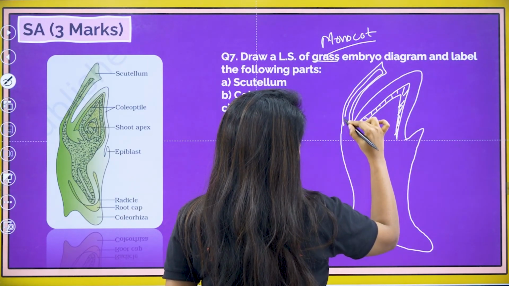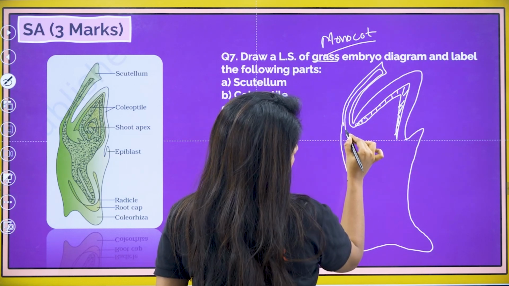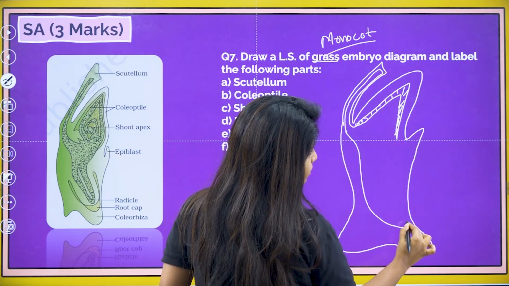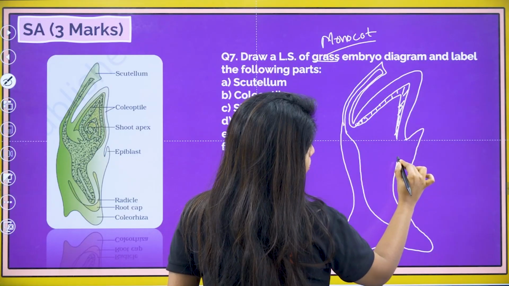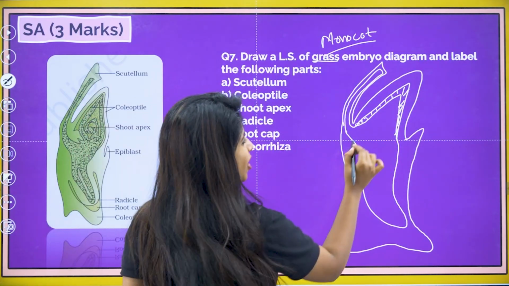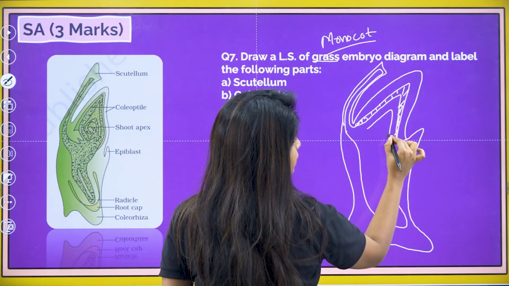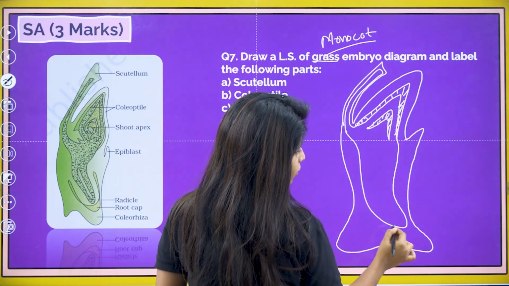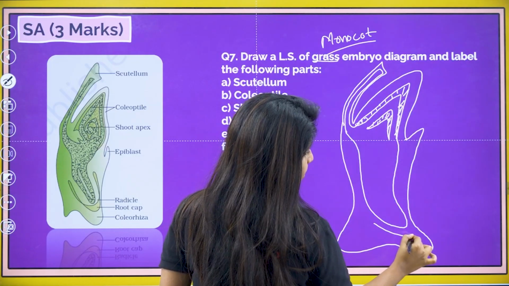Over here also I am making double lines, and it comes like this and goes to one side. Okay, don't worry, don't get scared. Over here again you make something like this. Here also you make something like that.